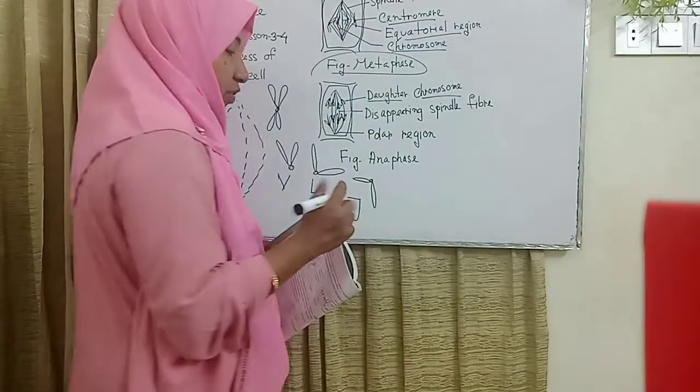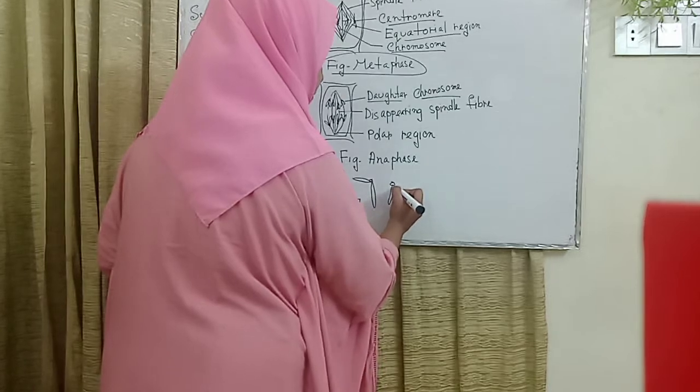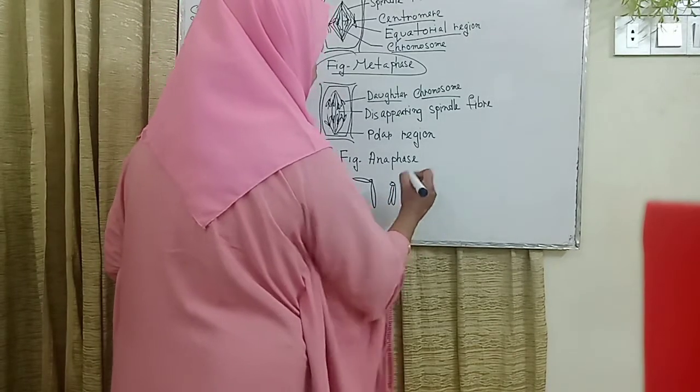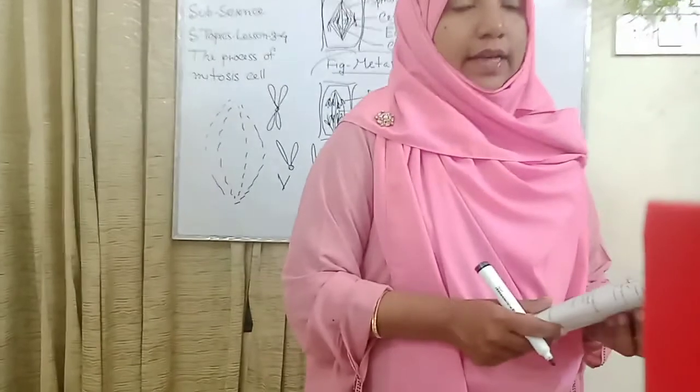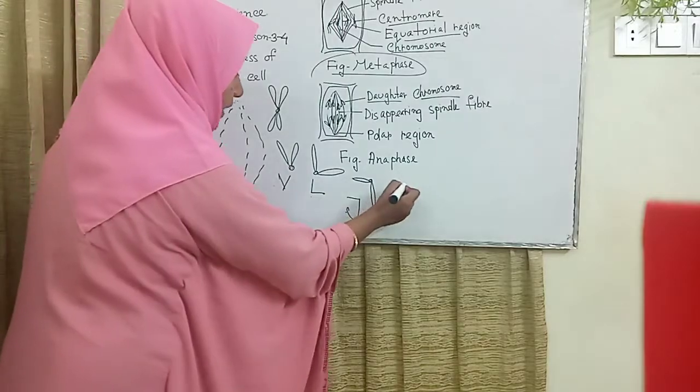When the two parts are joined, the shape is I, and its other name is telocentric. So there are four types of structure: V, L, J and I.